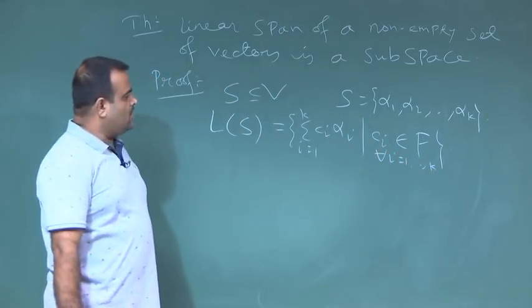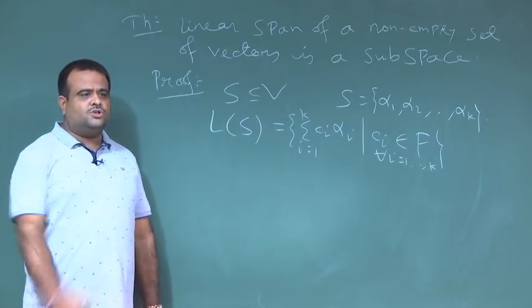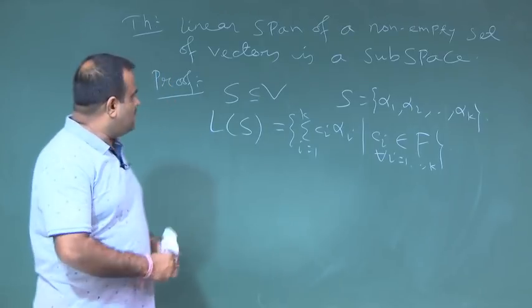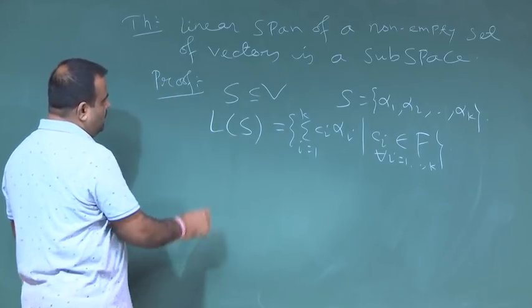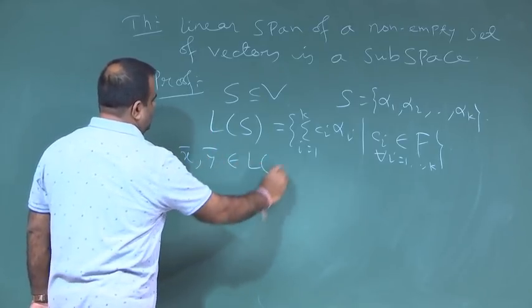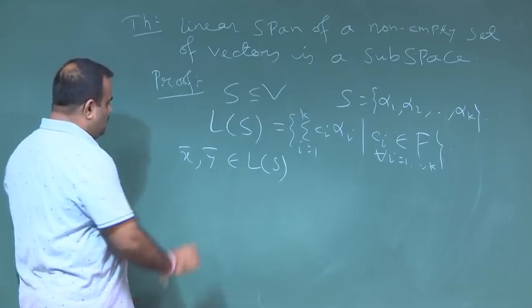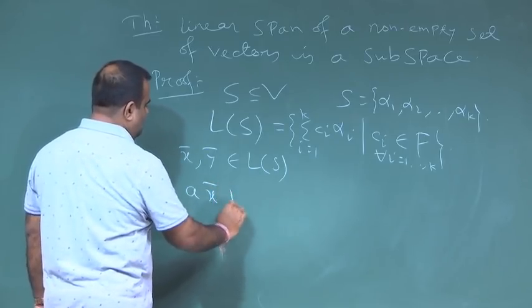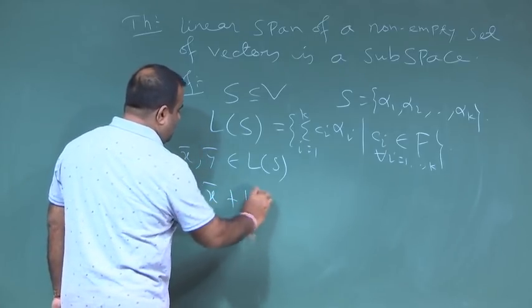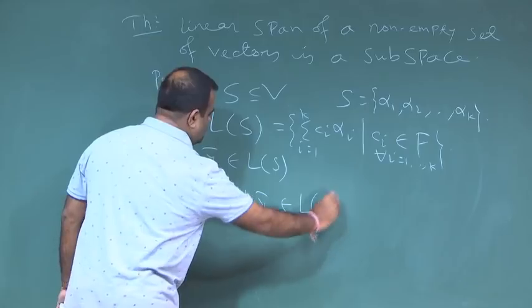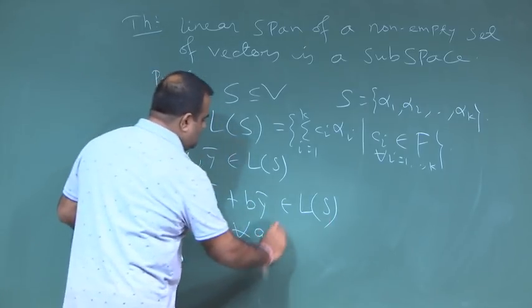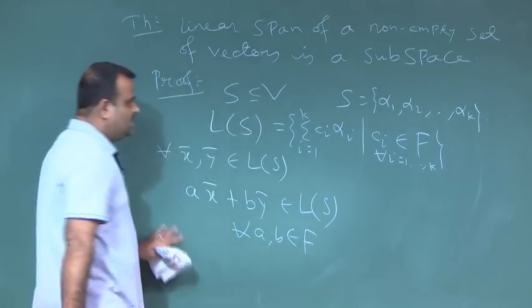Now, to show this is a vector space, we have a necessary and sufficient condition. For that, what we need to show? We need to take two elements x and y belonging to L of S, and we have to show that a x plus b y is also in L of S. If this is true for all a, b and all x, y, then we are done.